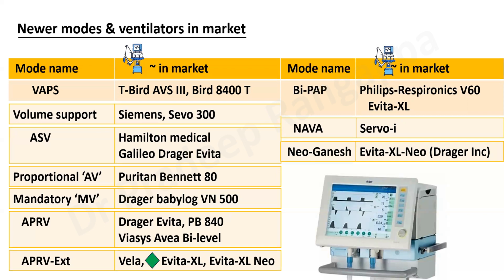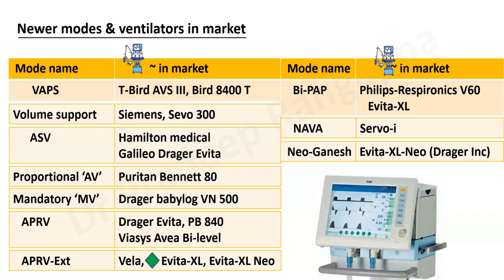Now, the buzzword is artificial intelligence. So the AI incorporated ventilator is called Neo Ganesh. Ganesh may be a very intelligent god, so that's why they named it Neo Ganesh, and it is present in Drager, in Evita. There is another AI software called Better Care, which is also incorporated in some ventilators.